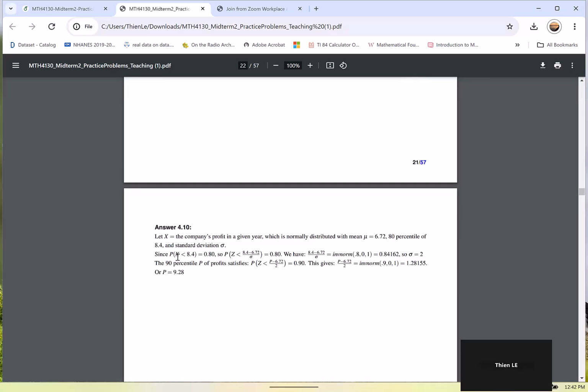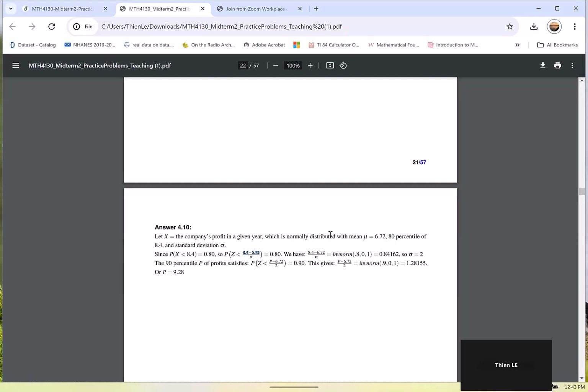Because of this, you can translate this to the z-score, which is z less than this quantity equals 0.8. And for the z-score, now you can find the value corresponding to this chunk, just the 80th percentile value of the z-score, which is the inverse norm of 0.801. So 8.4 subtract 6.72 divided by sigma will be equal to 0.84162, which means sigma is 2.